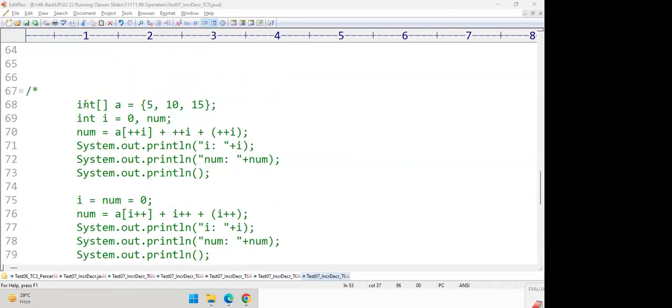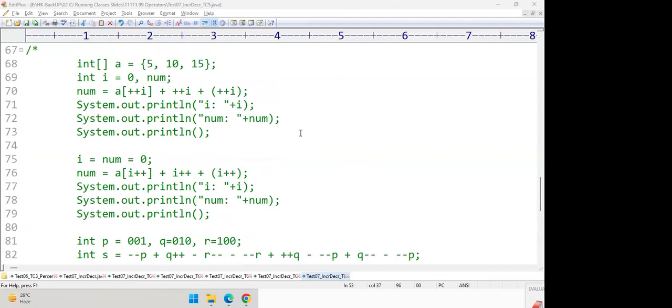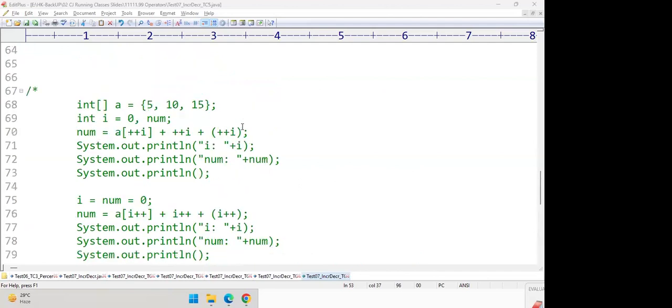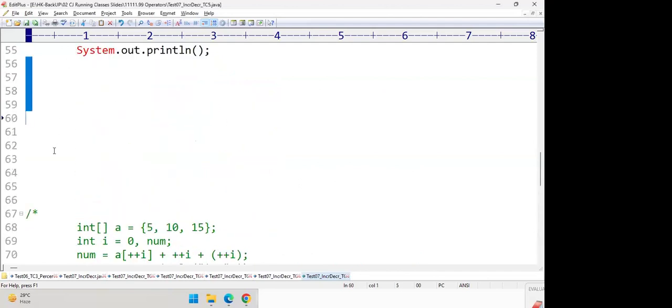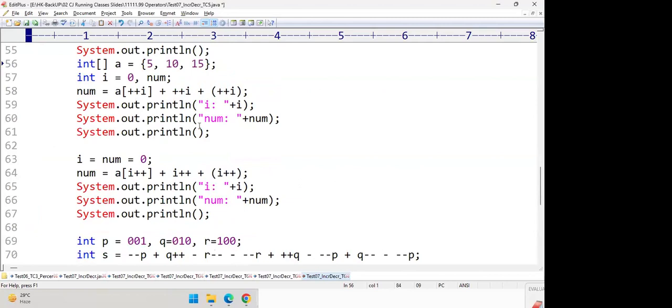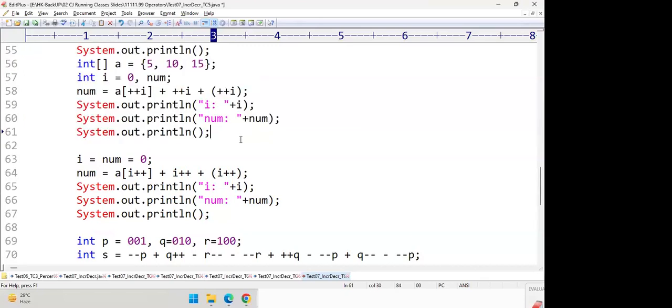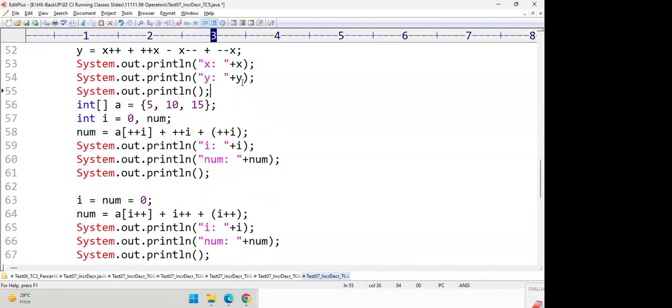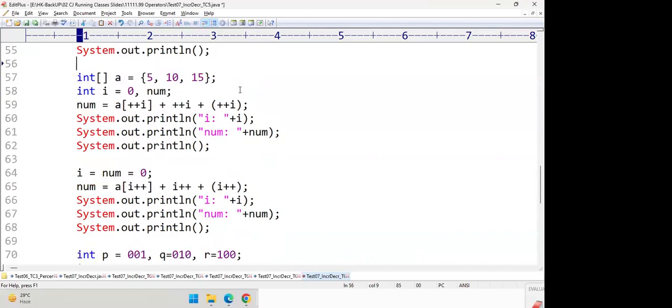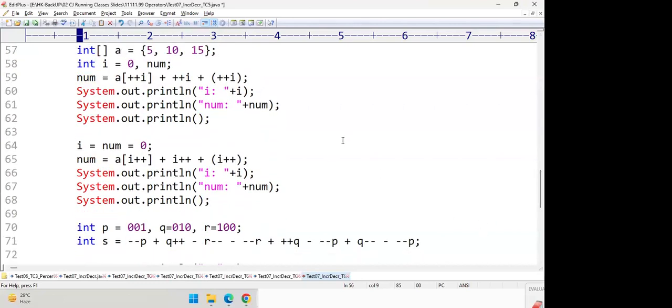Okay, look here. Do one thing. Write down these assignments and try at home. These are the homework assignments. Don't answer now.